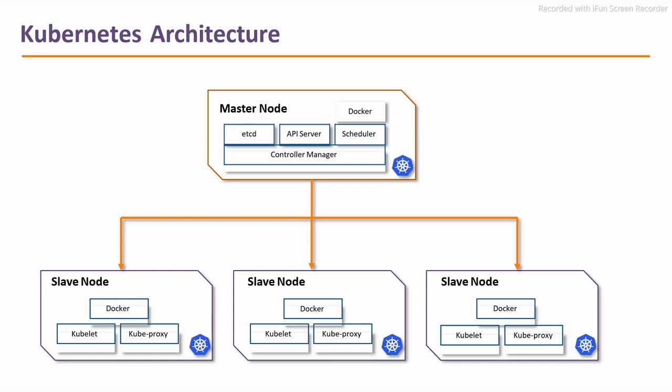Each compute node runs a container runtime like Docker, along with an agent like Kubelet, which communicates with the control plane. Each node can be a bare metal server, an on-prem server, or a cloud-based VM.